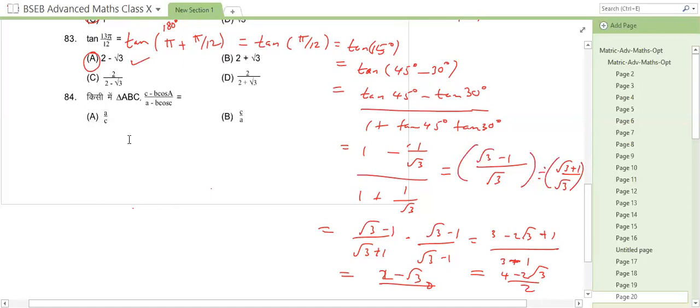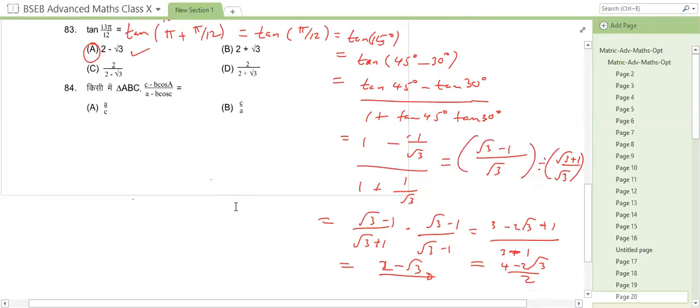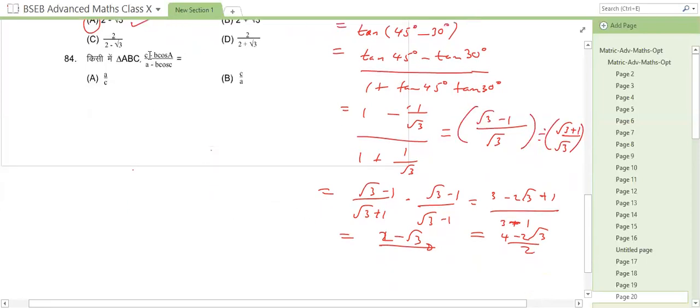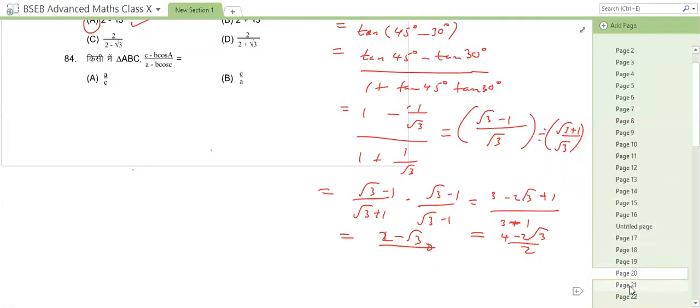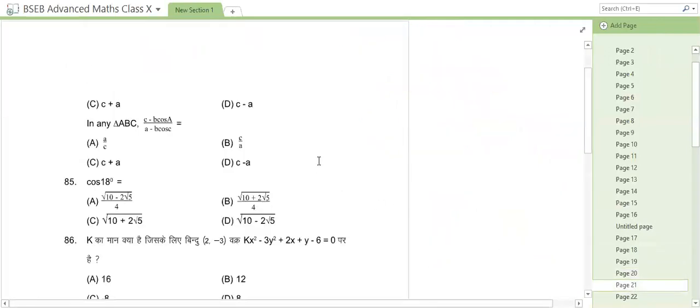In triangle ABC, (c − b cos A)/(a − b cos C). Question number 84. In any triangle ABC, let us attempt to solve this.